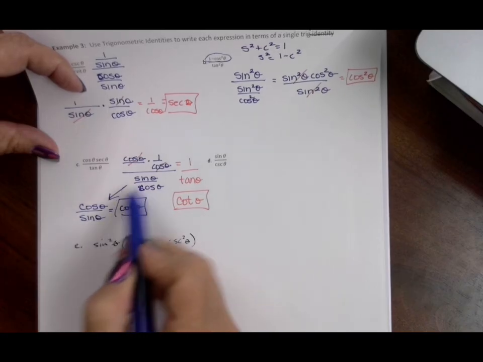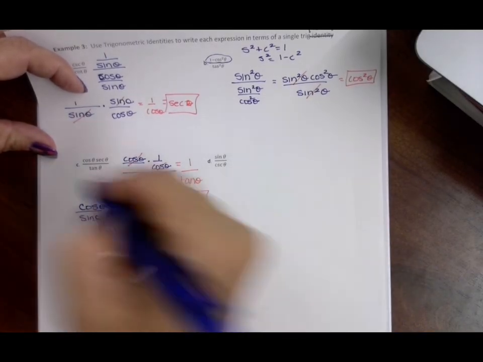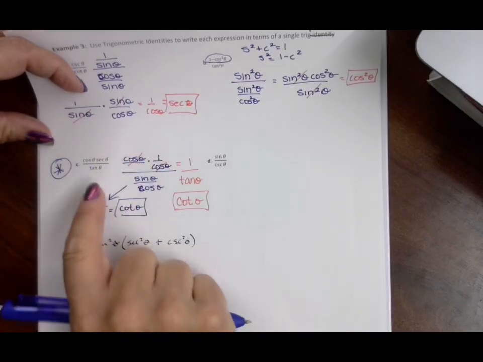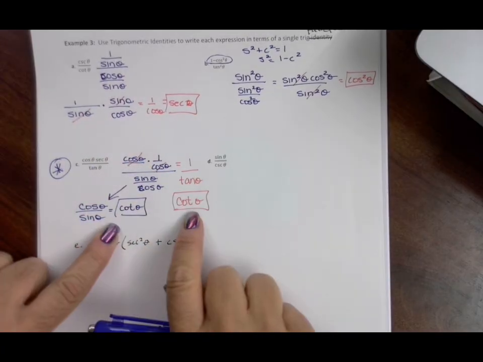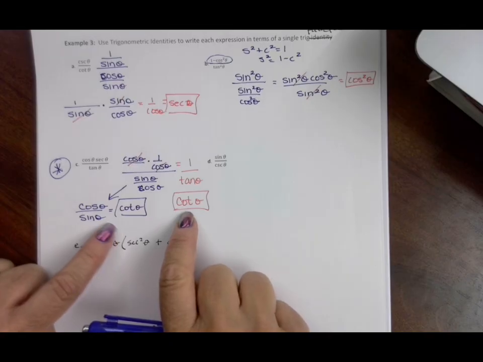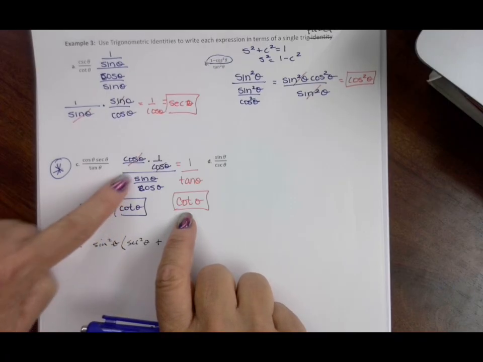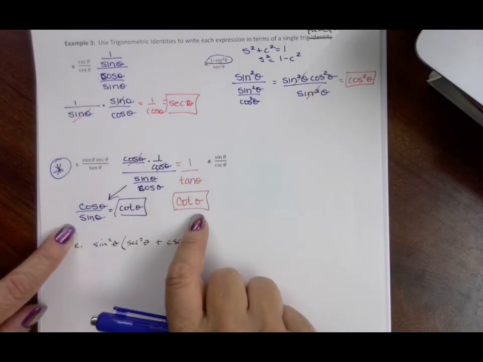So whether I did it this way or whether I did it this way that's in the red, I still end up with cotangent. This is the first example of a problem that you could do 2 different ways, but you end up with the same answer. So if you remember our introductory idea where we took a word and we got to the same answer 2 different ways, this is exactly what this looks like. I'm going to get to the same answer 2 different ways.